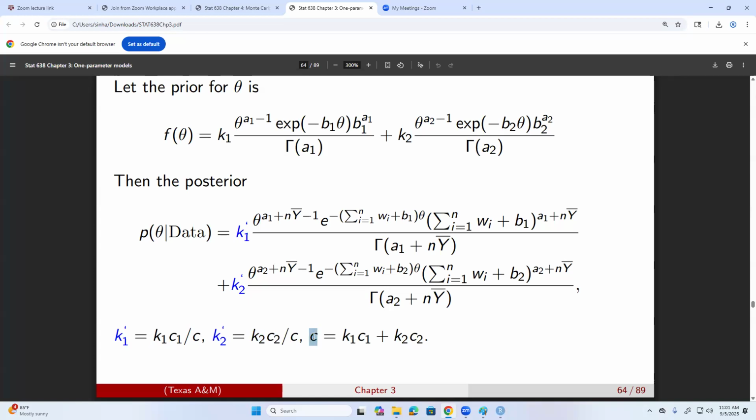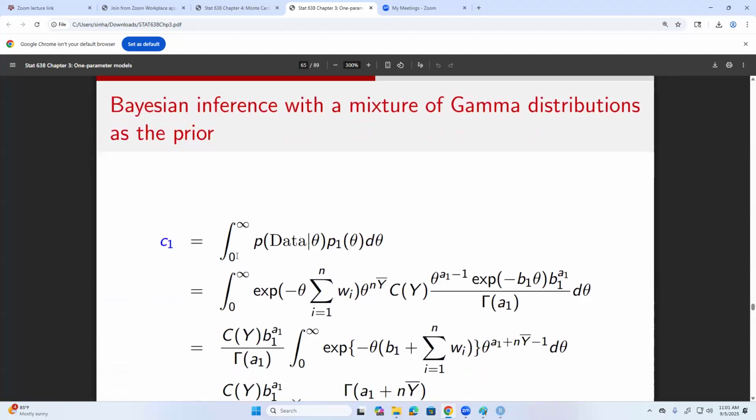And what is that C? This C is K1 times C1 plus K2 times C2. C1 and C2 are the marginal likelihood parts. C1 is the data given theta multiplied with P1 of theta, the first mixing component of the prior distribution, integrated over theta from 0 to infinity.